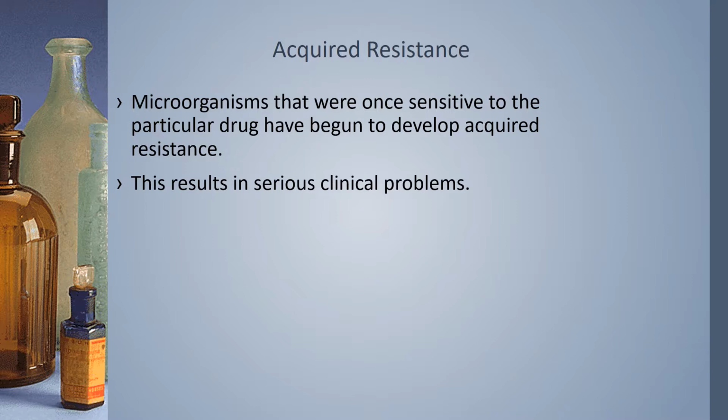Also, there are many strains of MRSA that are also resistant to other medications like the aminoglycosides and tetracyclines as well. You also have some of your other drug resistant bacteria like vancomycin resistant enterococcus, or VRE.